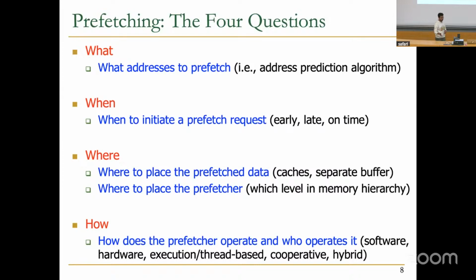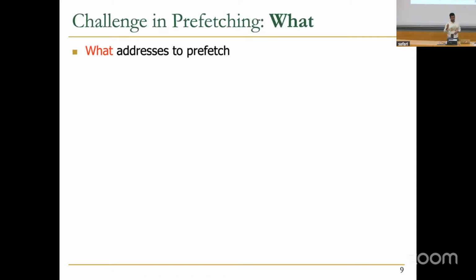If the hardware is going to generate them, what sort of cooperative mechanisms are going on? Is there one mechanism? Are there multiple prefetchers? So hopefully I'm going to cover some of these, if not all of these, in today's lecture. And if something spills over, my colleague is going to cover it in the next lecture. Okay, so let's start with the what part.